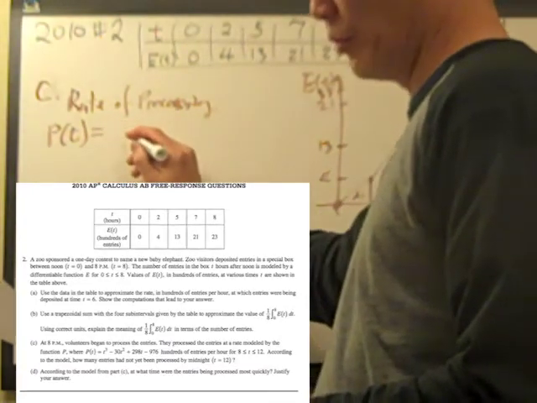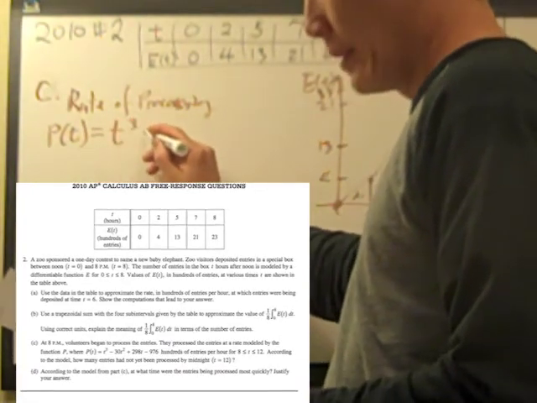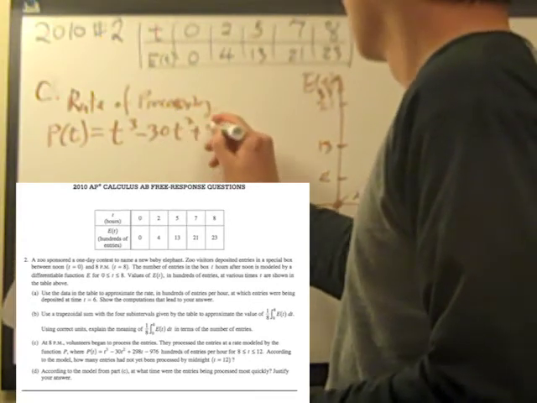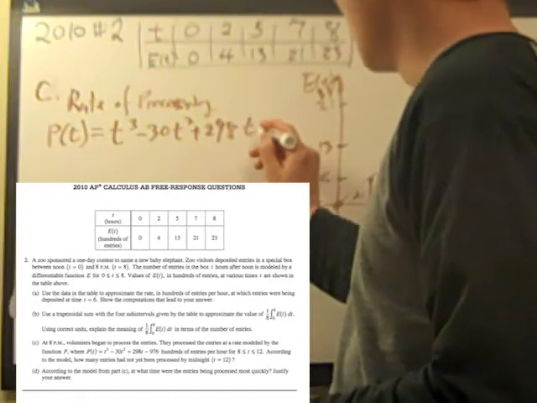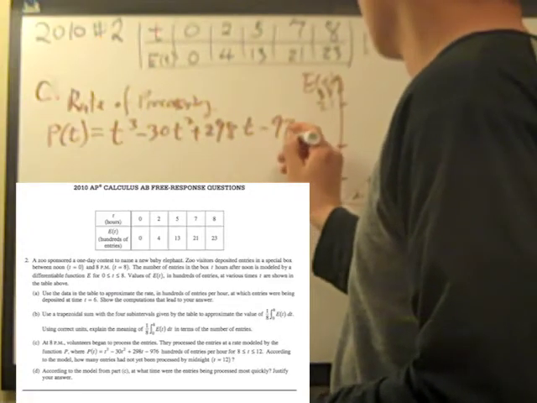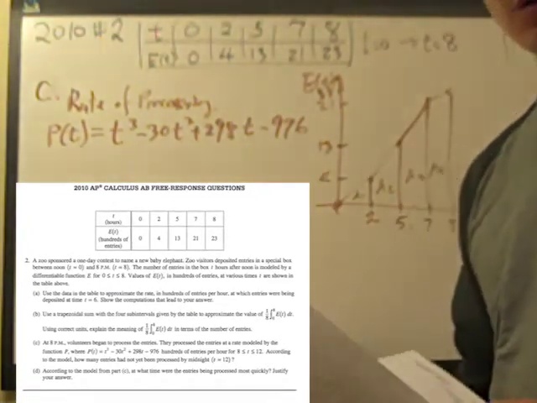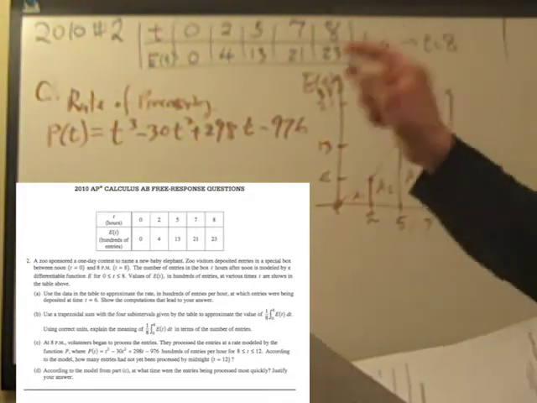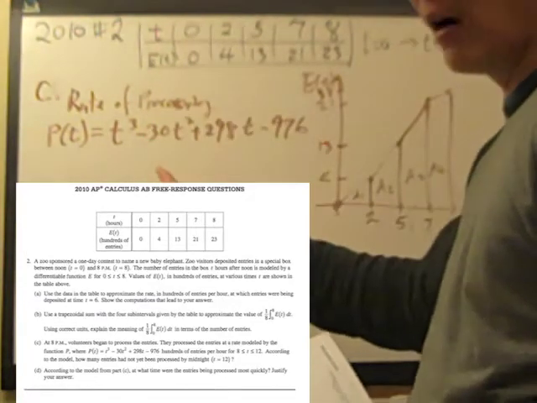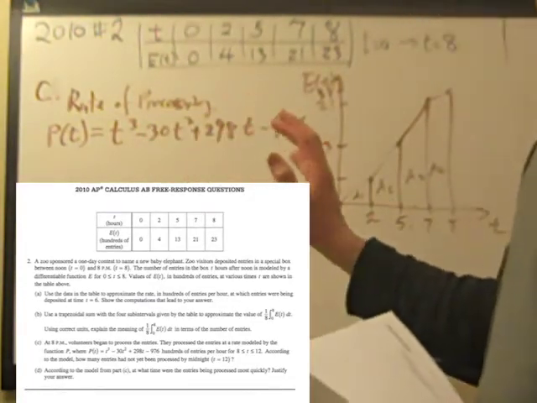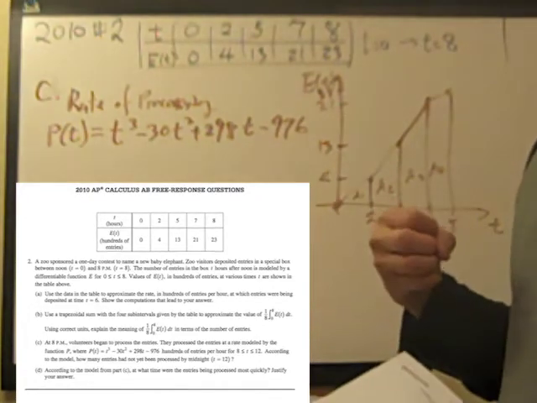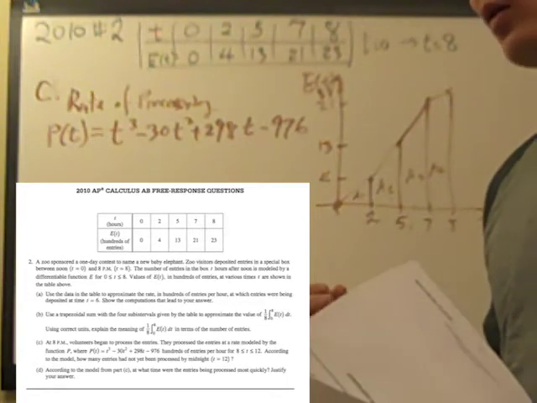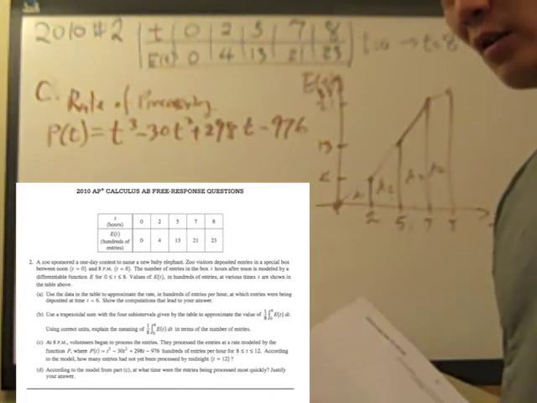P of T is equal to T cubed minus 30T squared plus 298T minus 976. And these are in hundreds of entries per hour. Now units are very important in these problems because they indicate to you whether they are the actual rates or the actual entries.